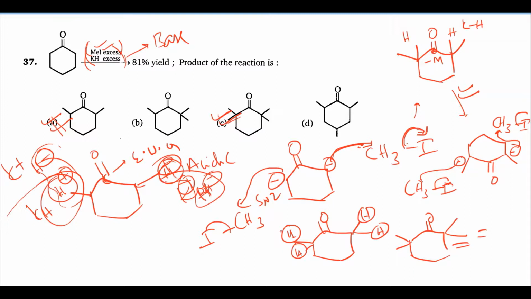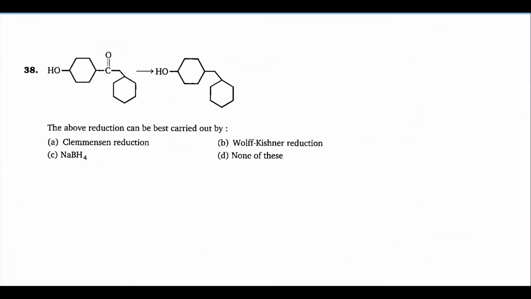So now the next question, number 38. This is question number 38. It is very simple, these model questions we already discussed. So in acidic medium, this is NaBH4. In NaBH4, I already told you, C double bond O is converted by adding one hydrogen down and one more hydrogen above, then you get CHOH.